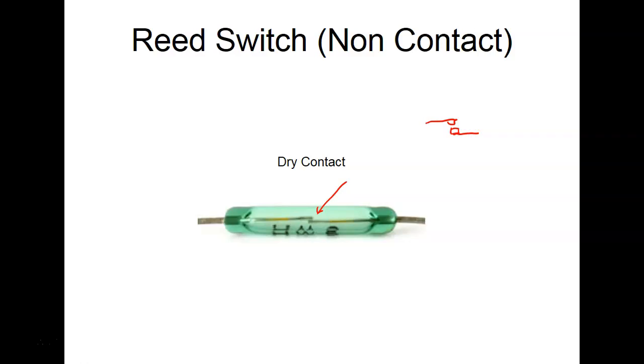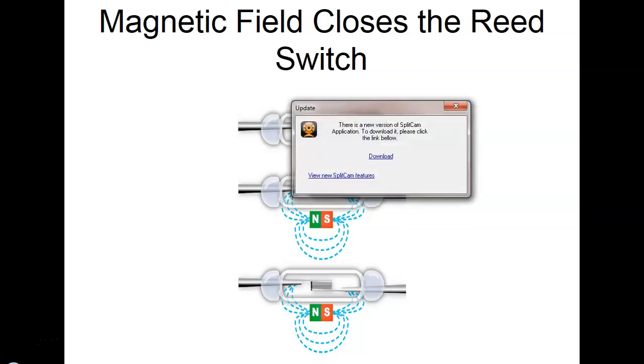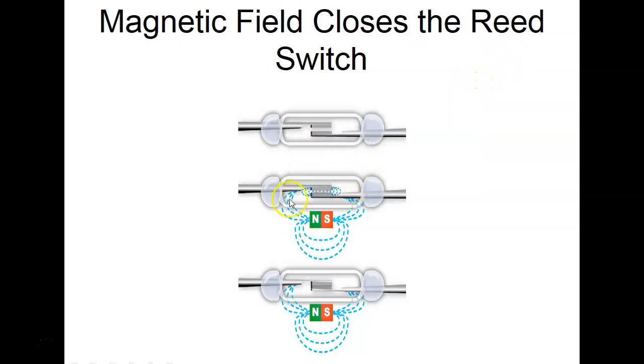So what we do with the reed switch is we put a magnetic field perpendicular to the switch. And then what would happen is it concentrates down each side. So if this is a north and this is a south, it creates a north-south right here.